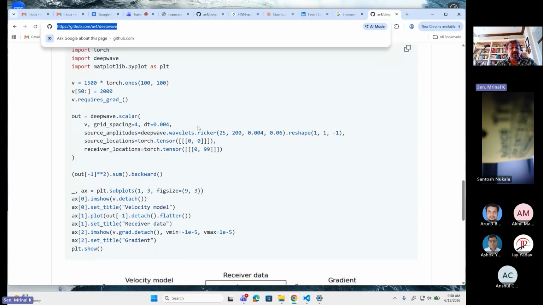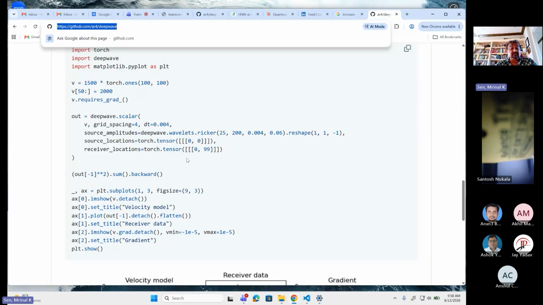And here you're calling a scalar wave equation solver. It's very simple. Give the velocity model, give the grid spacing, give the delta t. You can define a source wavelet. Here it's a Ricker wavelet, 25 hertz, 200 samples, 4 millisecond sampling interval, and so on. You have to give it the source location. Here it is 0, 0.